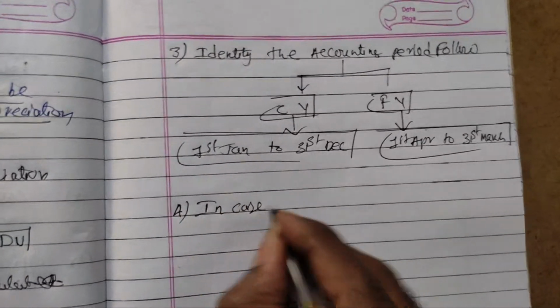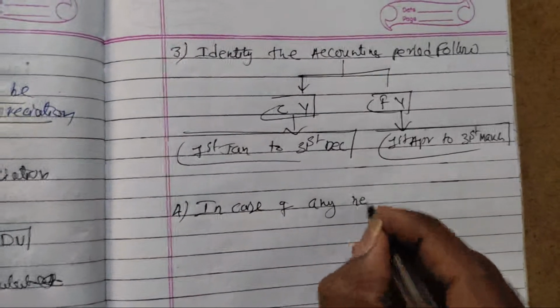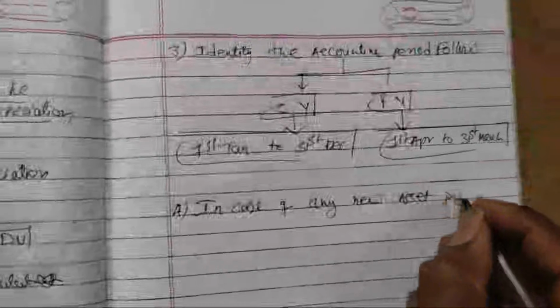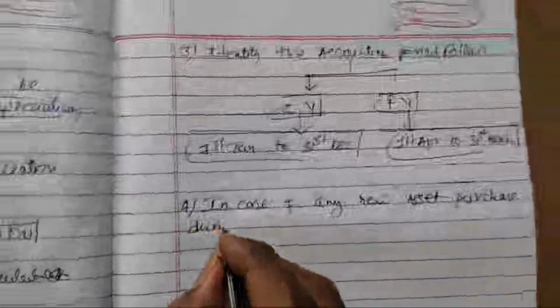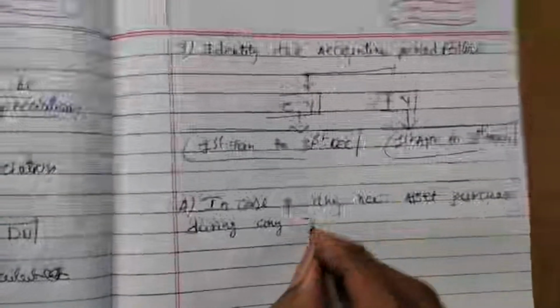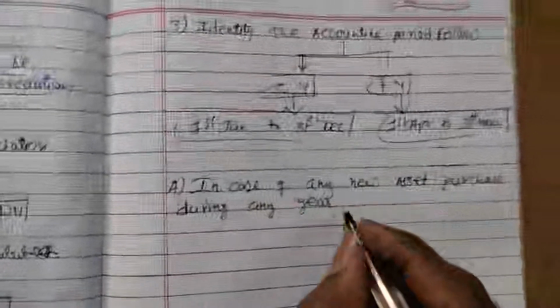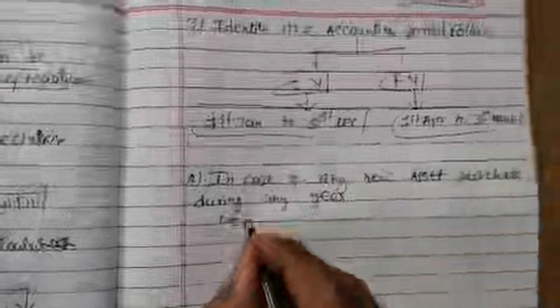Next point number 4. In case of any new asset purchased during any year, okay, depreciation should be calculated from the date of purchase to the end of accounting period.